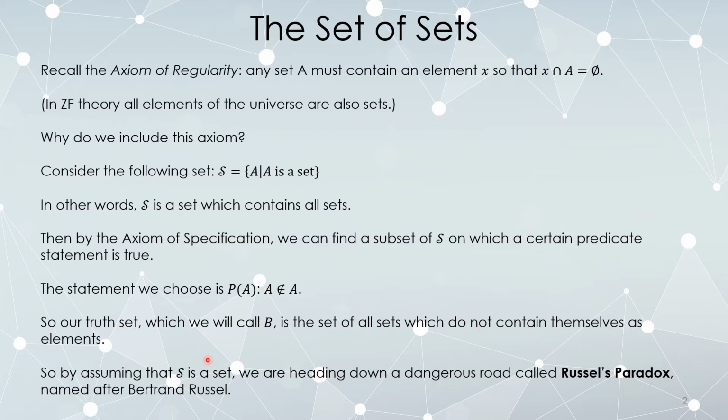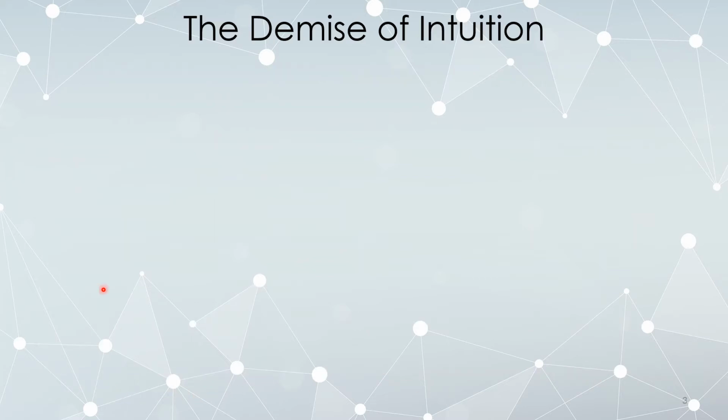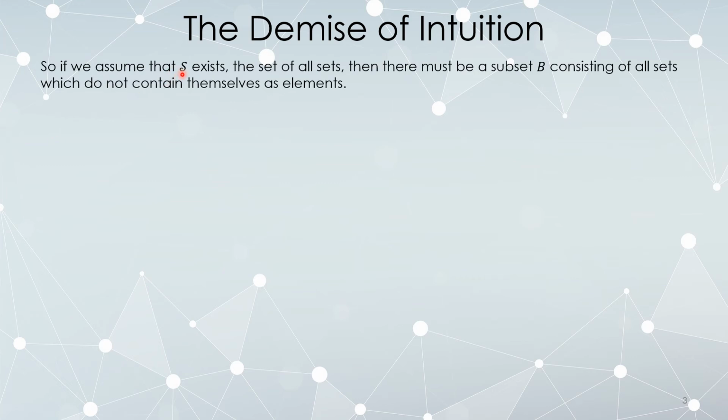This all started by assuming that S was a set. We're going to end up generating a contradiction known as Russell's paradox, named after the logician Bertrand Russell. So we assumed that we could start with the set of all sets. We derived there is a subset containing all sets that do not have themselves as elements.